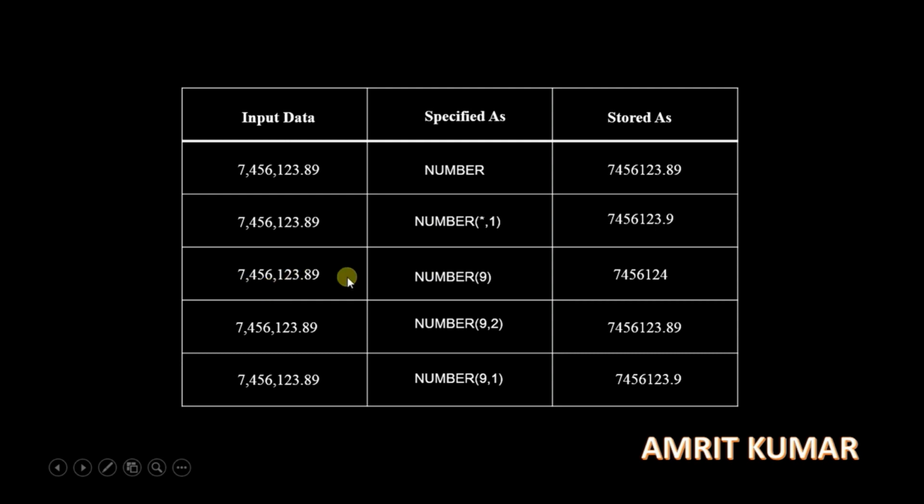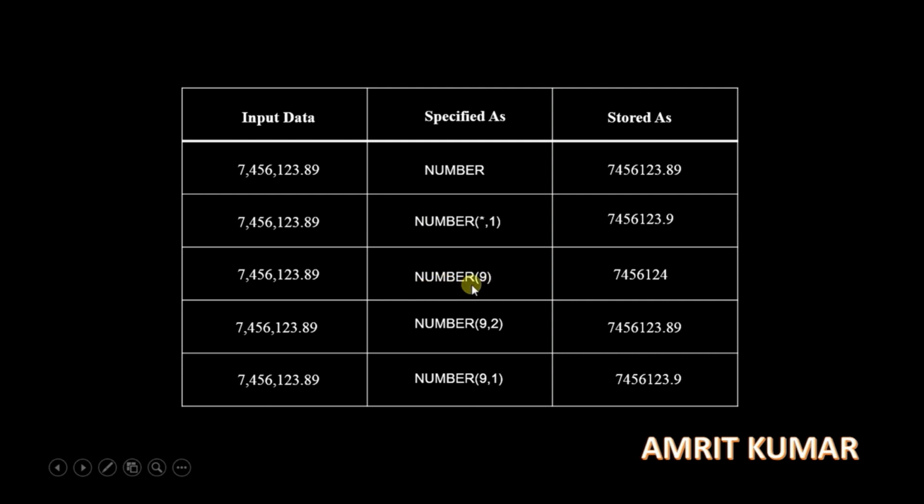So moving on to another example, that is number 9. What will be the output and how is the data going to be stored? Here you are seeing 7,456,123.89, the value entered by the user.